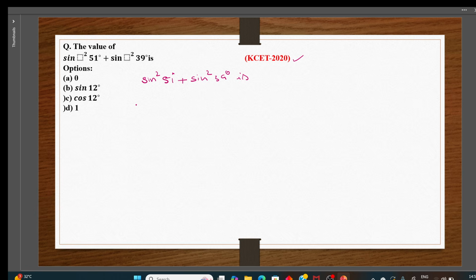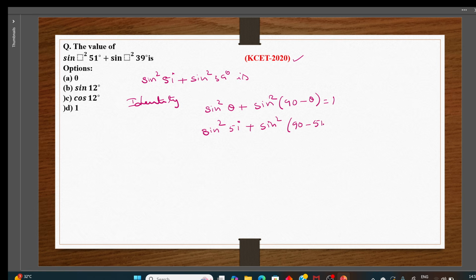So we know one identity. One small identity is there, that is sine square theta plus sine square of 90 minus theta is equal to 1. Using this identity, what is theta here? Sine square theta value is 51 degrees plus sine square of 90 minus 51 degrees.